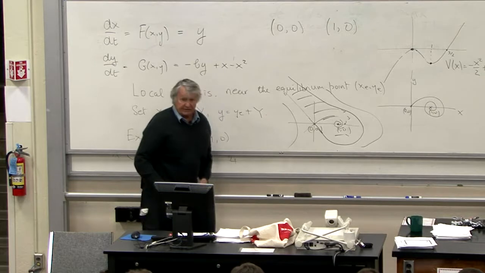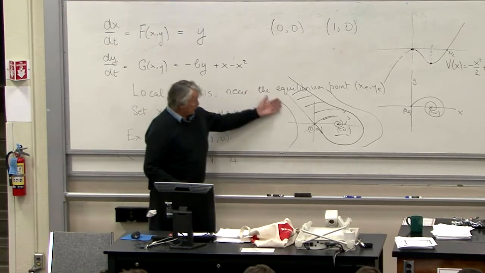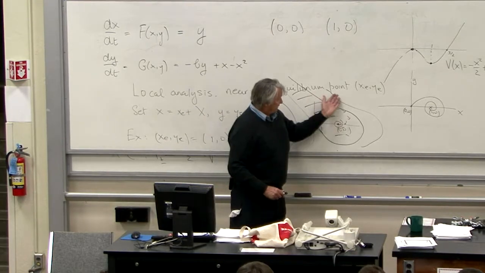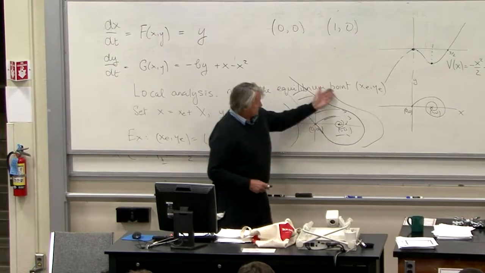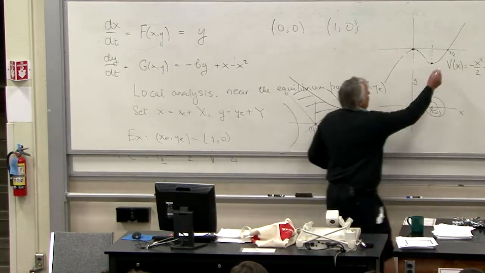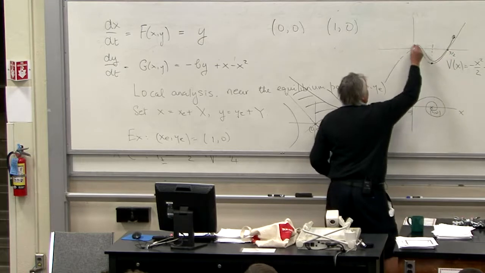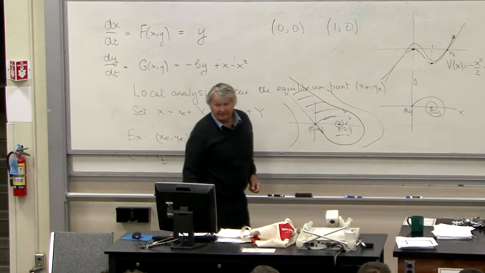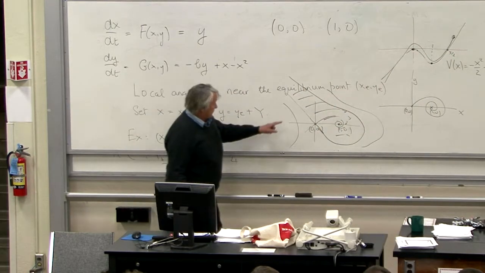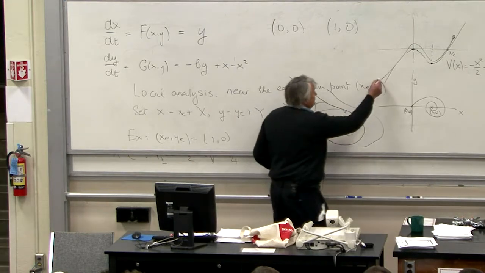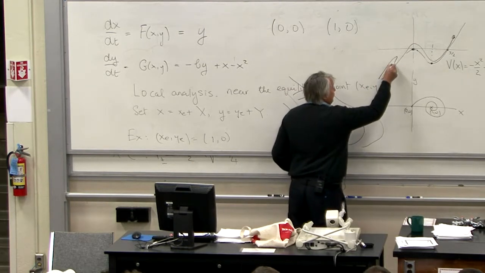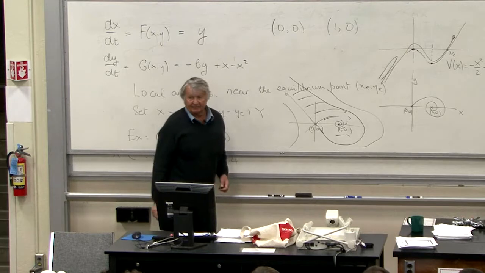Any point in the phase plane will end up doing this, this, or this. This one here starts up here, goes up, doesn't quite make it to the top, and comes back like that.